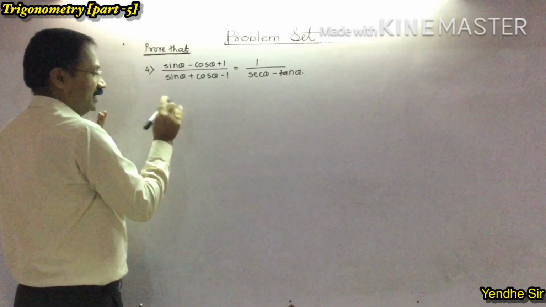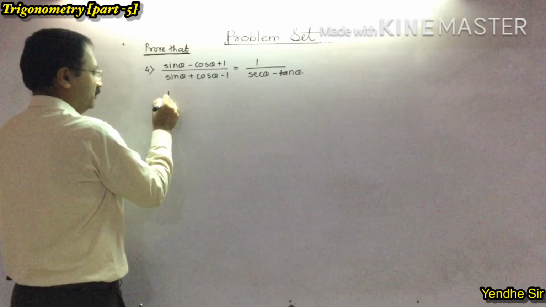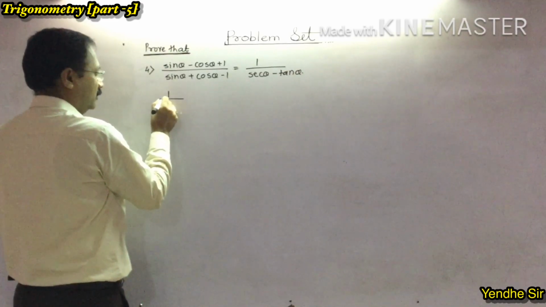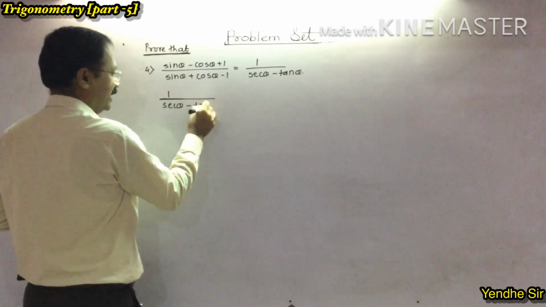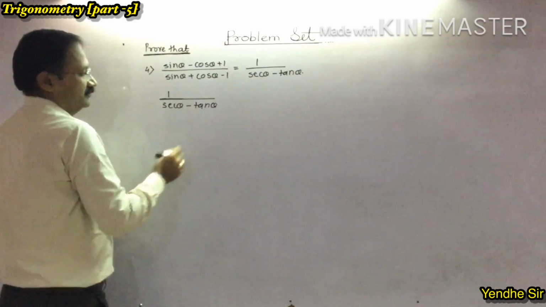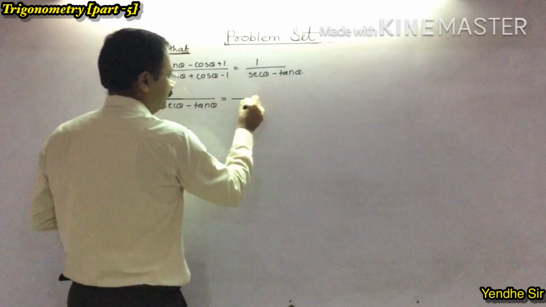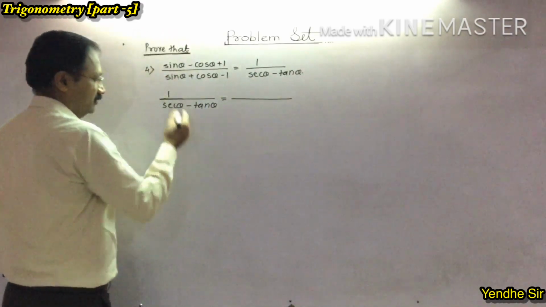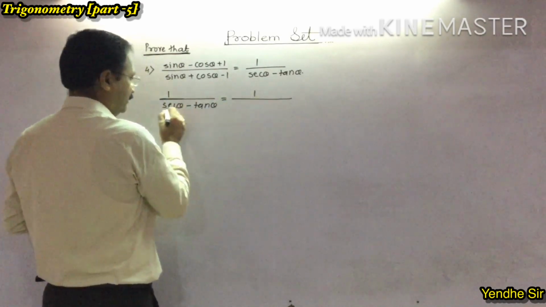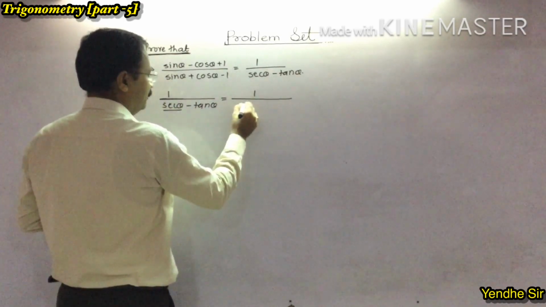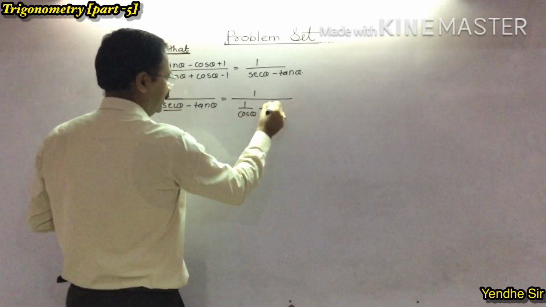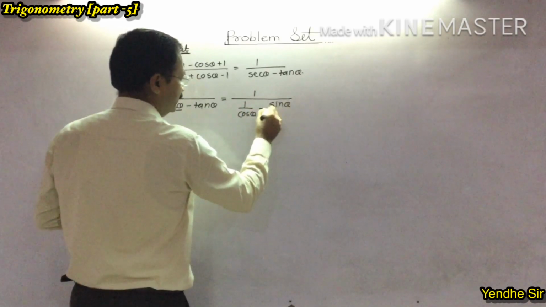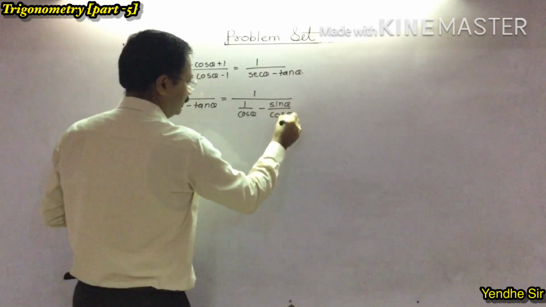But don't write LHS and RHS; you have to write it first: 1 upon sec theta minus tan theta. You have to convert this into sin and cos only. So 1 will remain as it is. Sec theta means 1 upon cos theta, minus tan theta means sin theta upon cos theta.